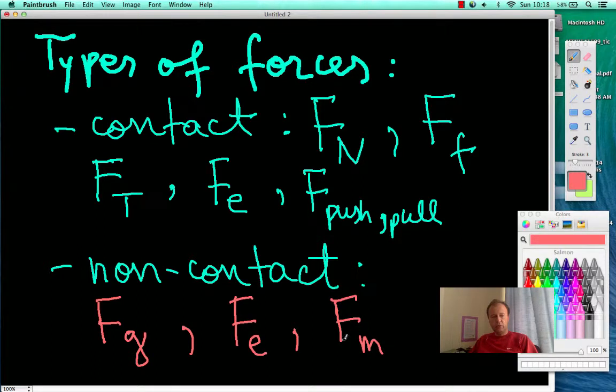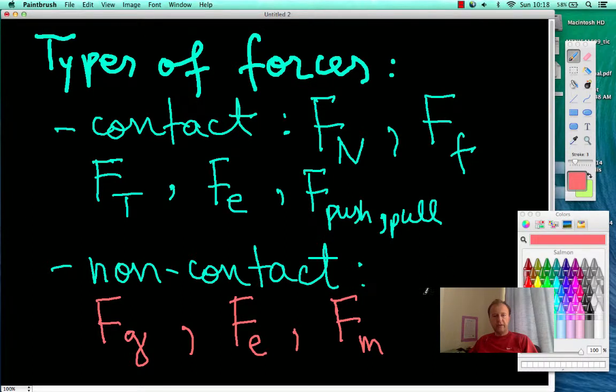This is the force when two magnets, north and south, or north and north and south and south, get close to each other. There is a force of interaction between them, either attraction or repulsion, but that force appears even if the objects do not touch, even if the magnets don't touch, even if the electric positive or negative charges do not touch.